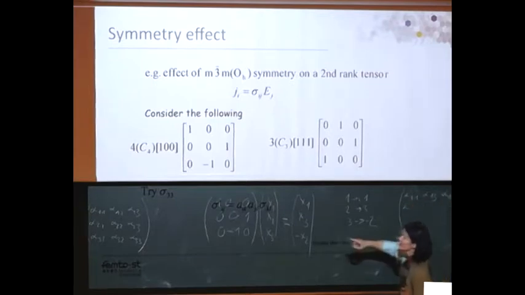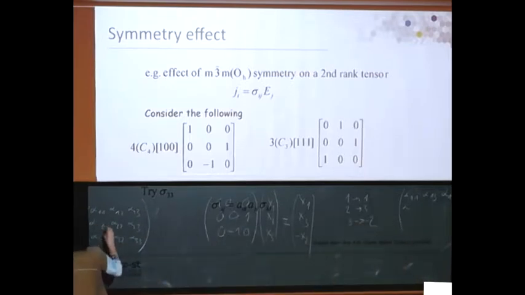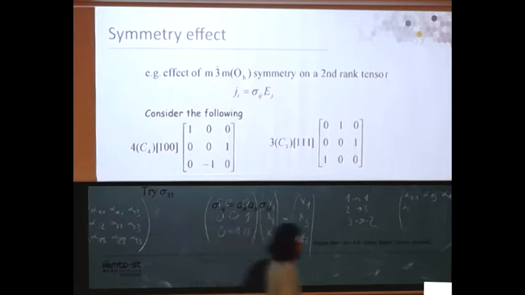I said it's symmetric, okay? So it will be a little bit faster. So it's 1, 2, is 1, 3, and 2, 3. Because it's symmetric, it's only 6 to find. So this one will be 1, 3.